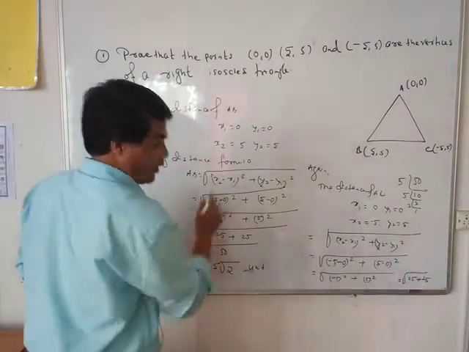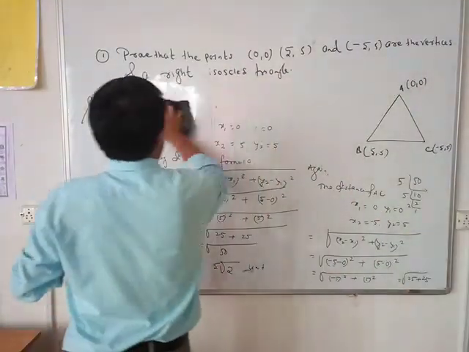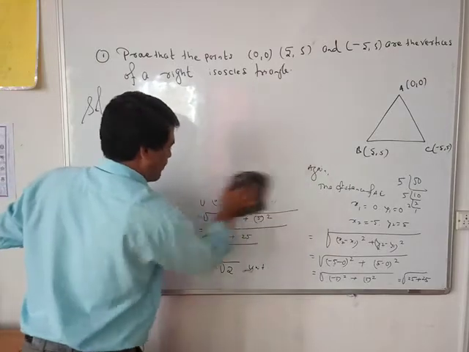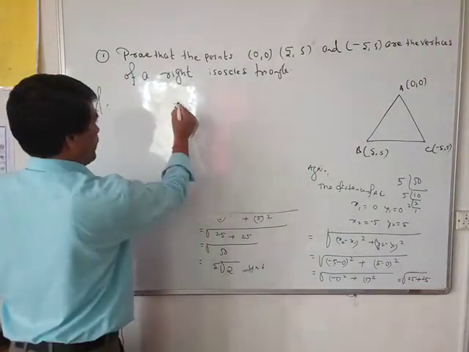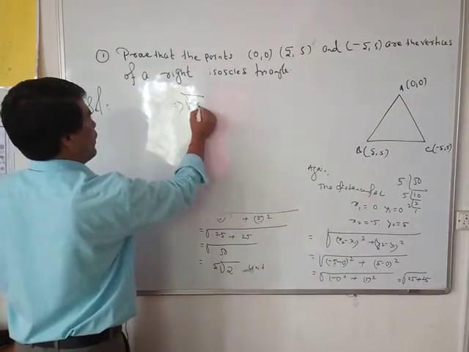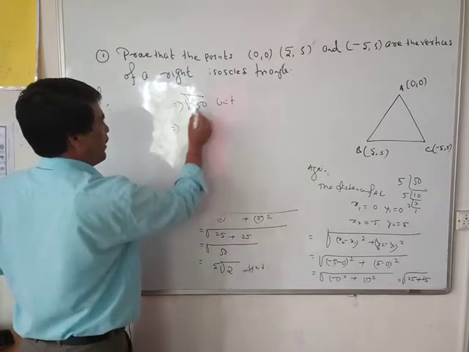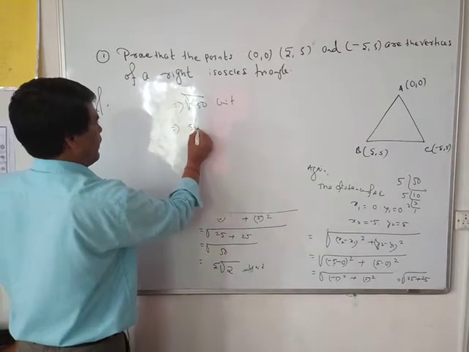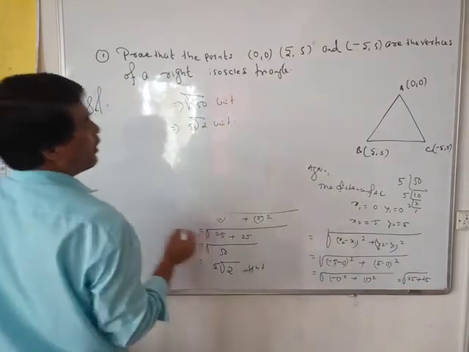Then we do not have sufficient space, so again we have to rub and do the problem. Then 25 plus 25 is root over 50 unit. Then you reduce 50 into smallest form, that is 5 root 2 unit.